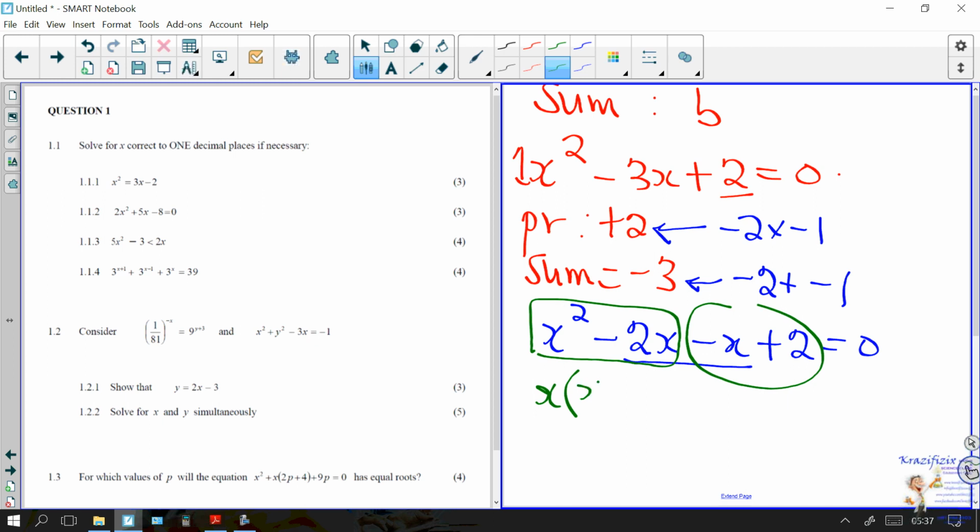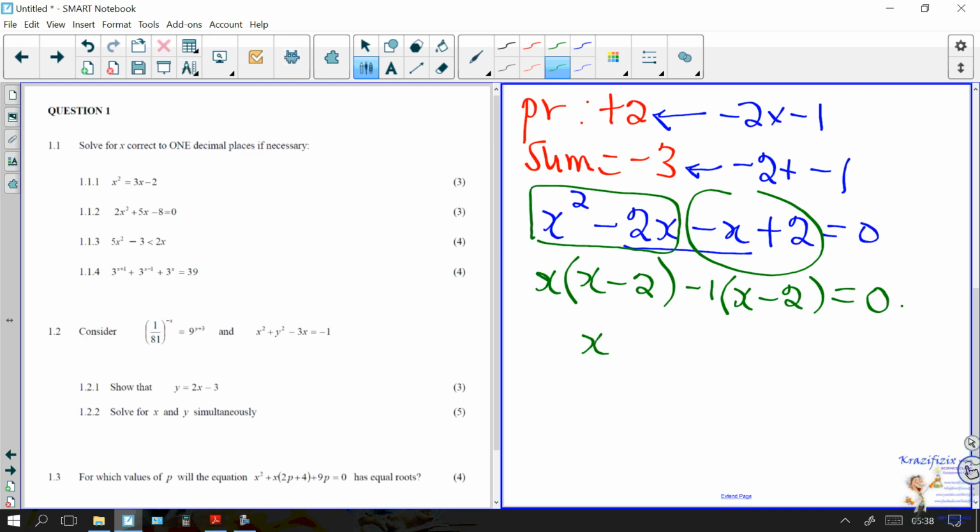What do I have? X minus 2. And what do I have as a common factor here? I've got negative 1, and I also have x minus 2 equals 0. You would notice that I have x minus 2 common to both. X minus 2 and x minus 1 equals 0. Therefore, x equals 2 or 1.